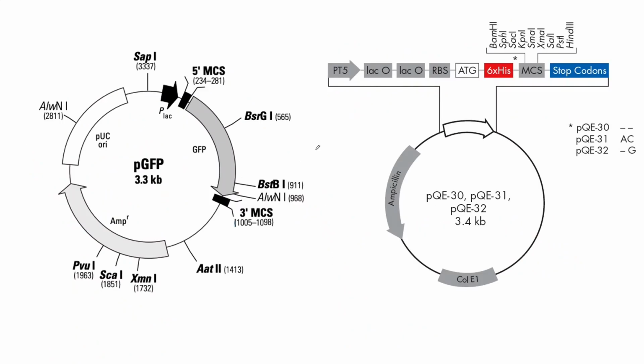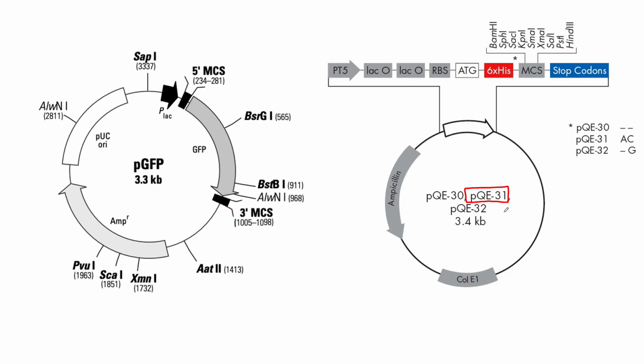Okay, now let's look at the plasmid that we are going to be putting the GFP into. So this is our target plasmid, or our target vector. There are actually three different versions of this vector called PQE30, PQE31, and PQE32, but the one we're going to be working with in the lab is called PQE31. They're all very similar to each other.